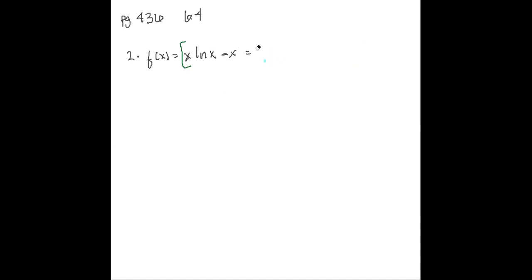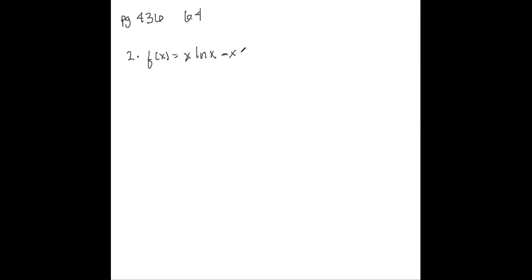So what type of differentiation strategies do you think we might use here? What parts do you see? Yep, we're going to need the derivative of the log. I feel like they would have put parentheses here if this was x times the quantity ln x minus x.